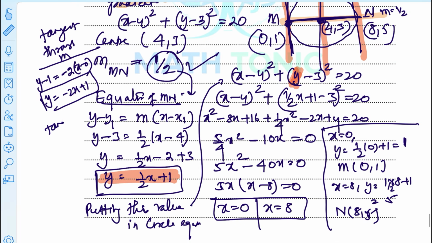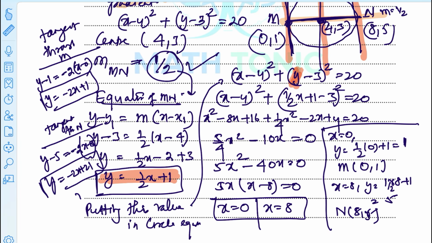If I try to find the tangent through N, that is y - 5 = -2 times (x - 8), right? So it will be y = -2x + 21.